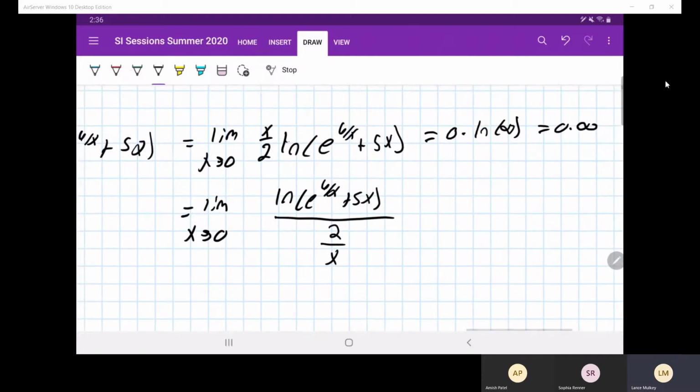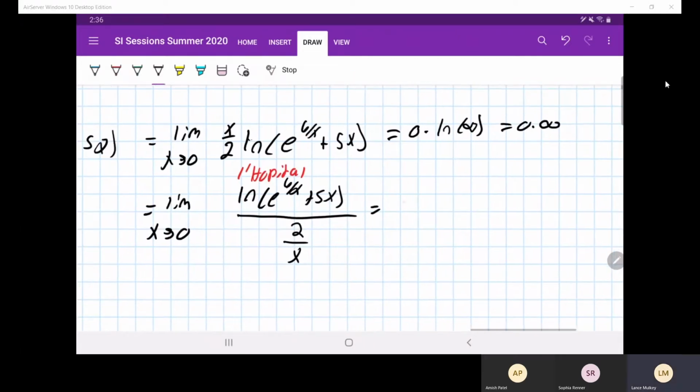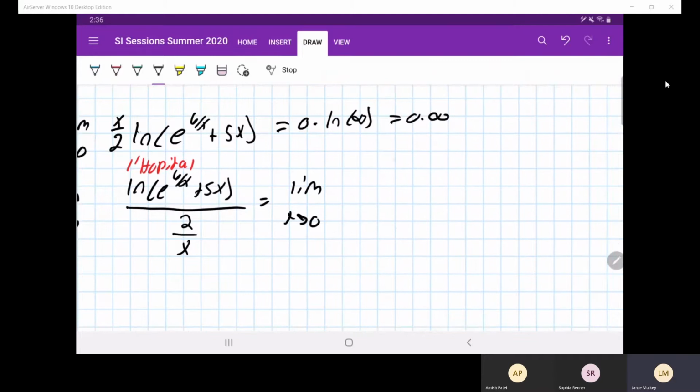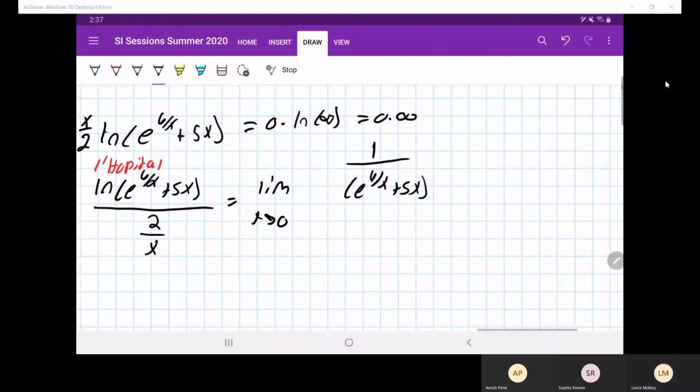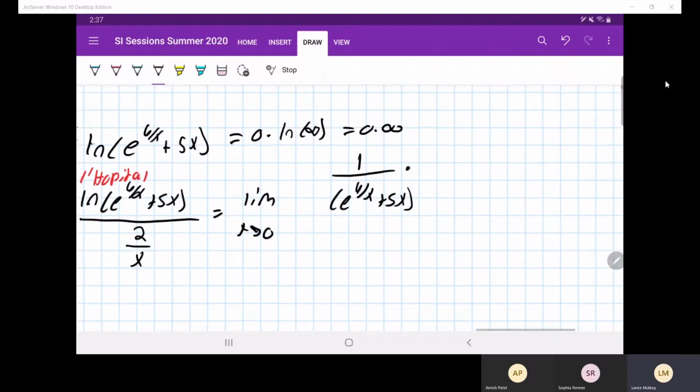All right, and now we can do L'Hopital's rule. So for the numerator you get 1 over e to the 6 over x plus 5x times negative 6 over x squared plus 5.